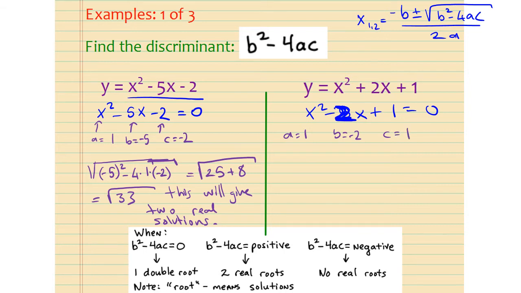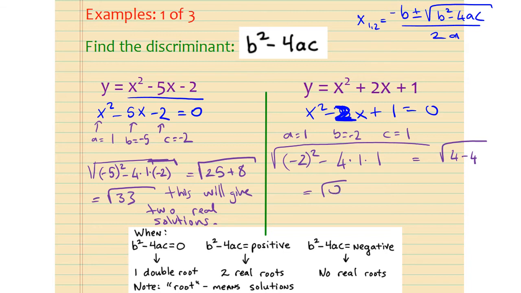We will write this under the square root, b squared minus 4ac. B squared, negative 2 squared, minus 4 times a times c. And this will give us 4 minus 4, which makes it 0.